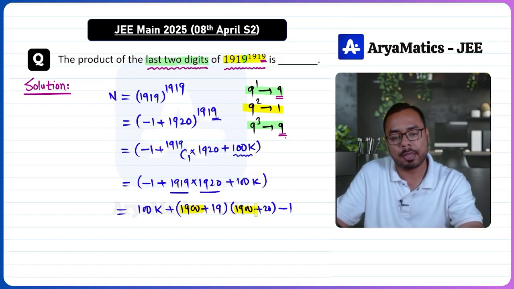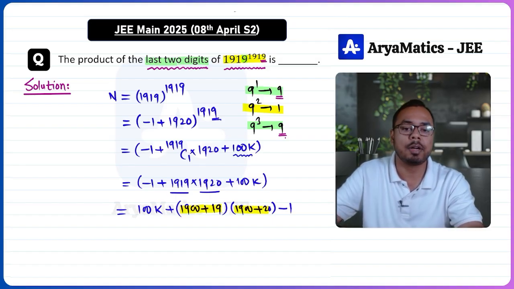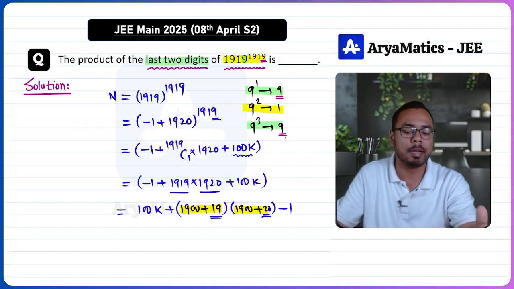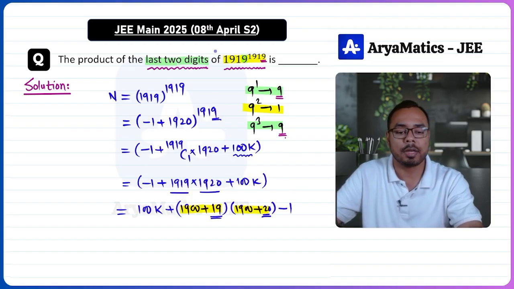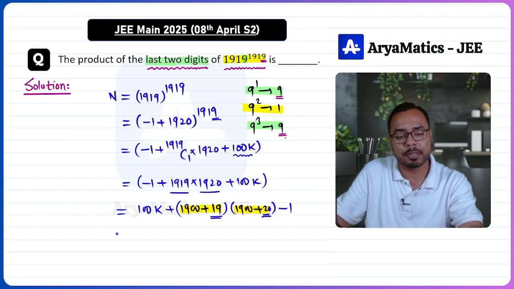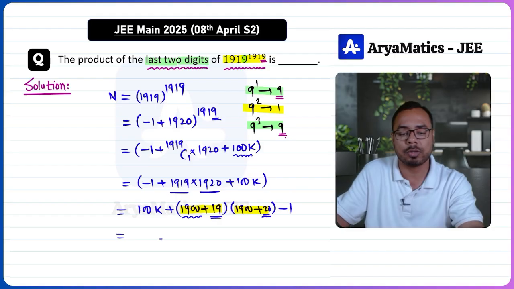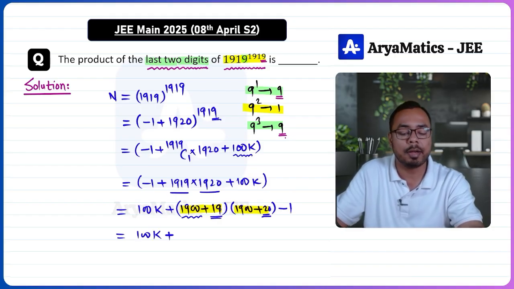Because when you multiply these two, you will get four terms, and only 19 into 20 is not a multiple of 100. All the other numbers will be multiples of 100, right? So in fact, you can combine this one and say that we have 100k, and all of these numbers, for example 1900 into 1900, are multiples of 100. 1900 into 20 is also a multiple of 100. So all of these numbers will be multiples of 100.